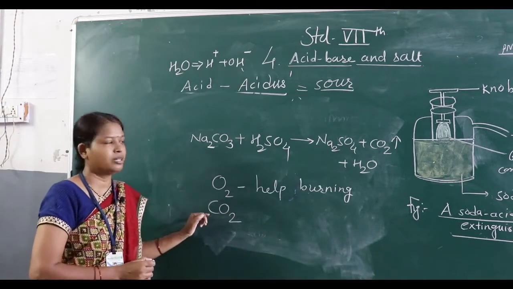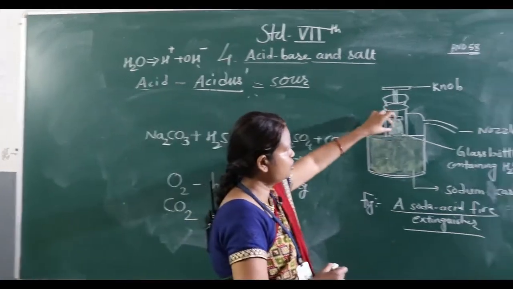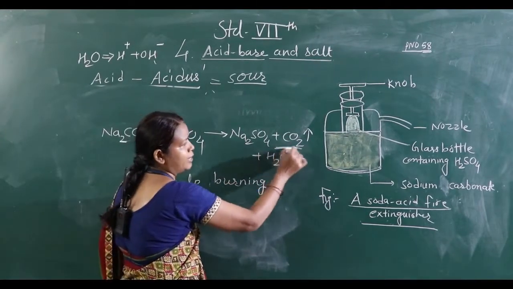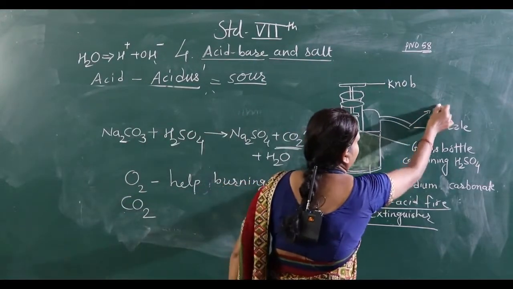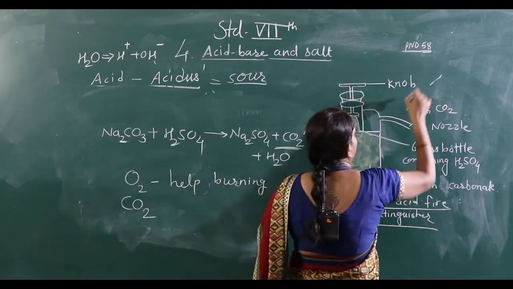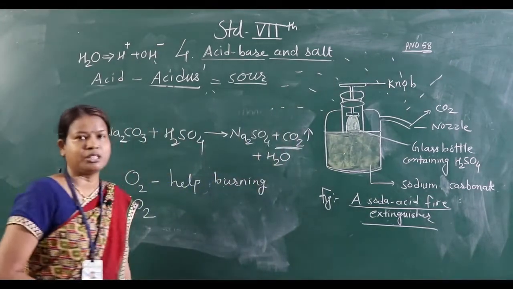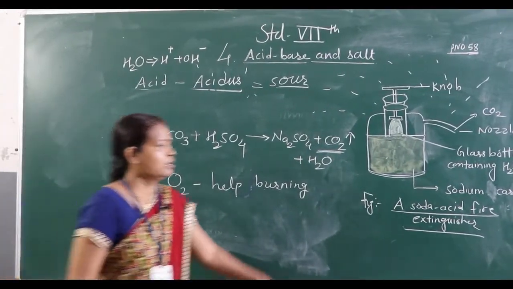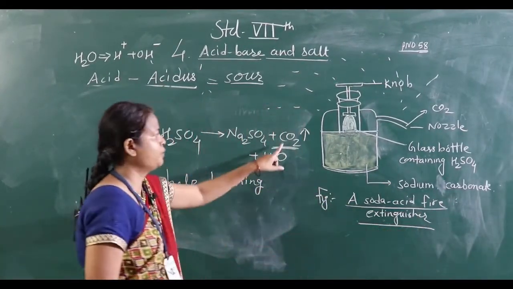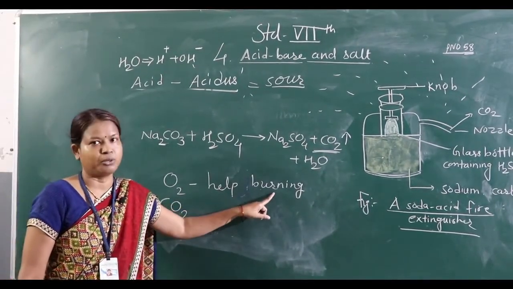As both solutions get mixed, carbon dioxide gas evolves and comes out from this nozzle and sprays through the surroundings to extinguish the fire. In this way, the soda acid fire extinguisher works with the help of carbon dioxide, which does not support the burning process.